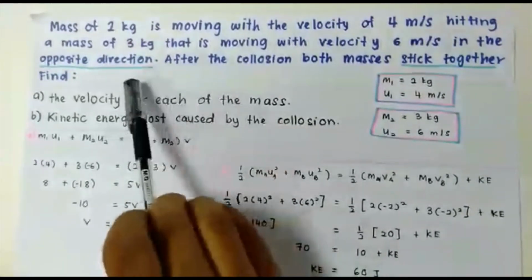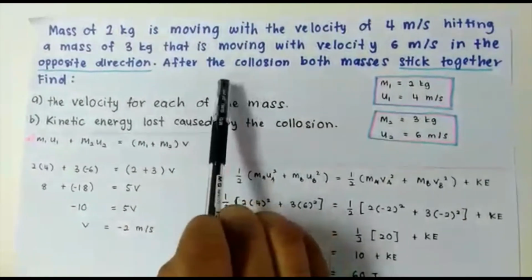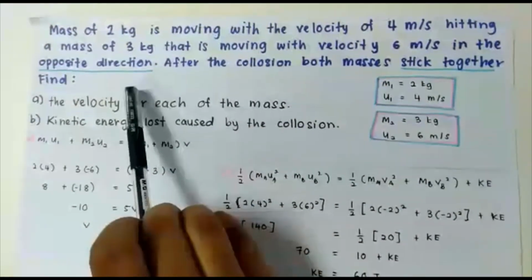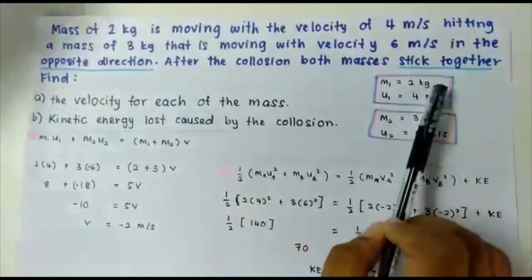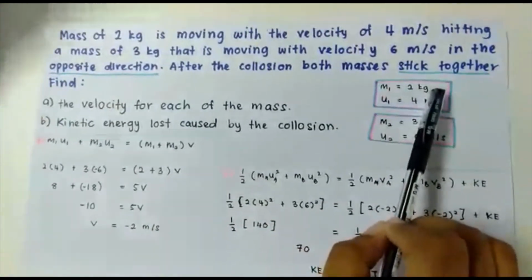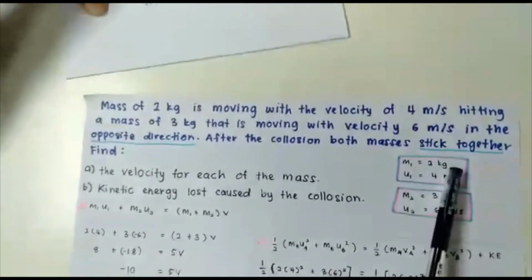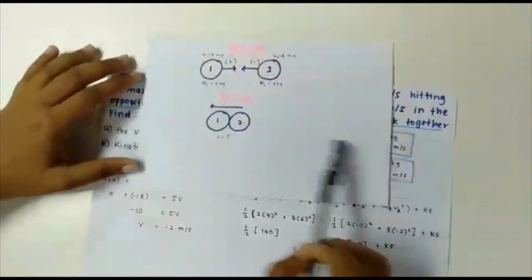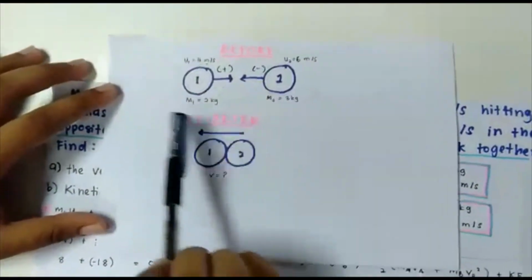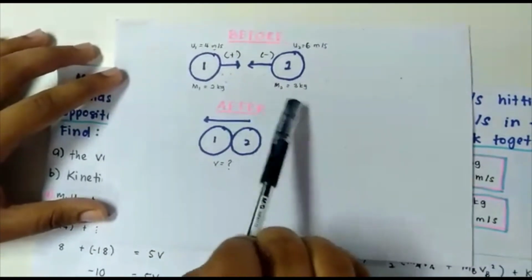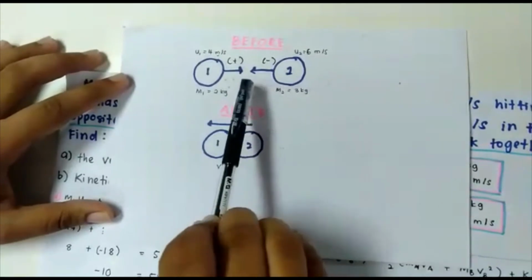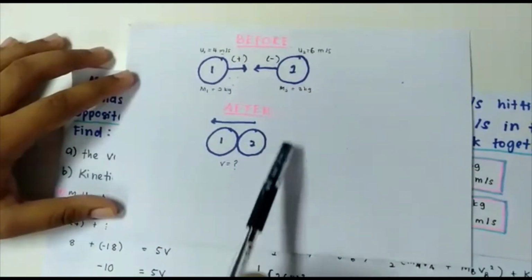So from that question, we know that the balls are moving in the opposite direction, and after the collision, both masses stick together. So we have to draw a picture to understand more. So ball 1 is moving to the right direction and ball 2 is moving to the left direction. After the collision, they stick together.